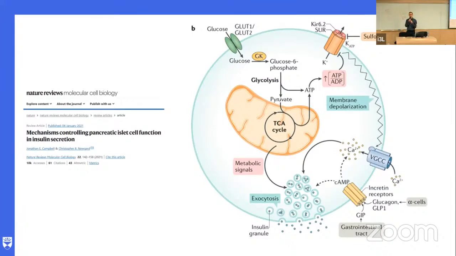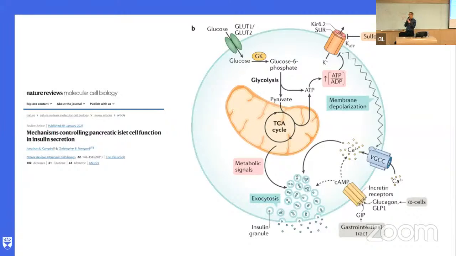That glucose is then metabolized in the process of glycolysis to yield ATP. So when glucose is transported into the cell, the cell burns that glucose and generates ATP. That causes closure of another membrane protein. This time it's a channel, and it's a channel that's specific for potassium ions.